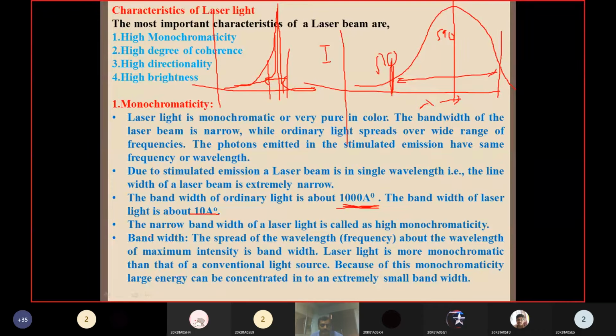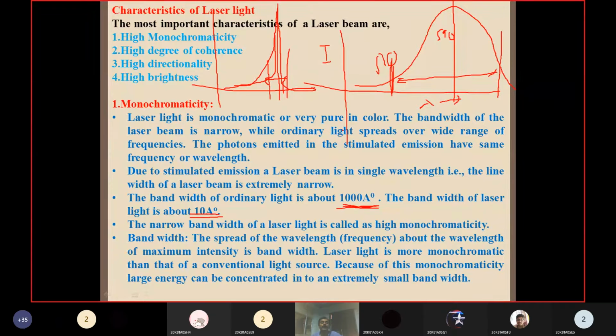Next point, the narrow bandwidth of laser light is called high monochromaticity. Because the bandwidth is just 10 angstroms, we say that the laser has a high order of monochromaticity.